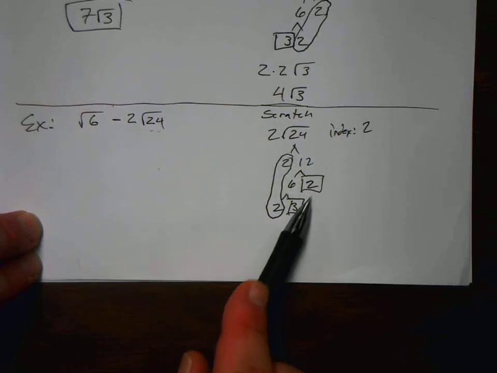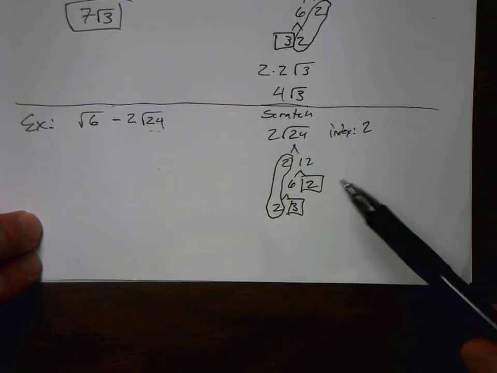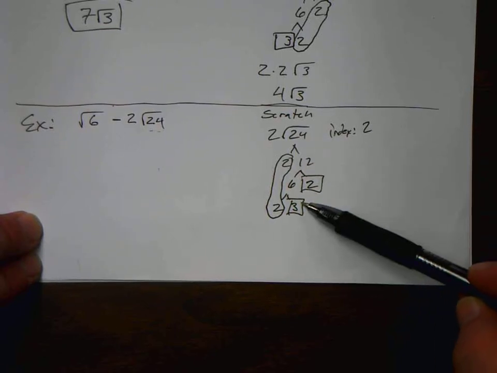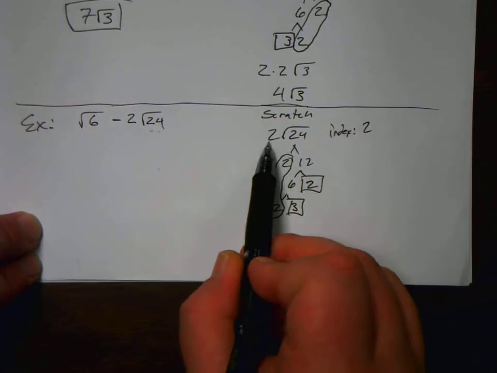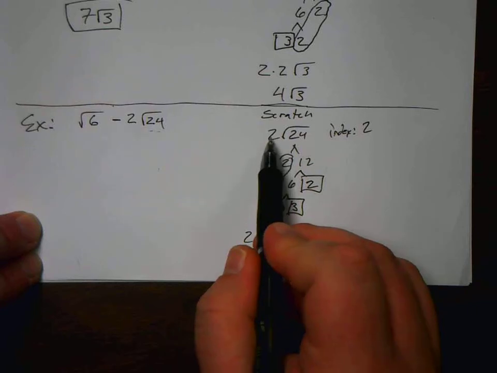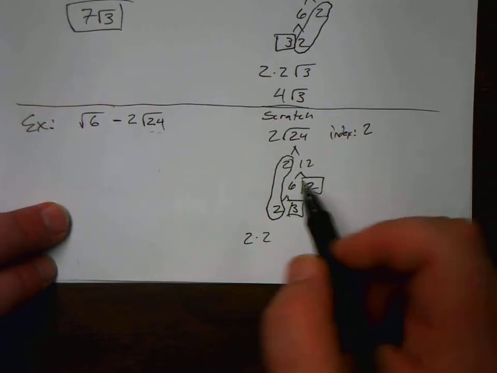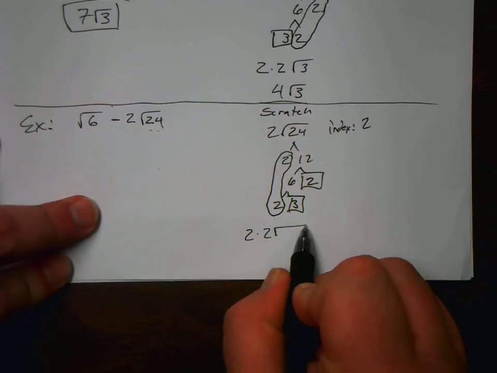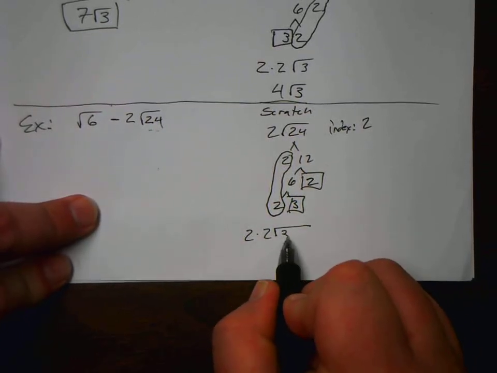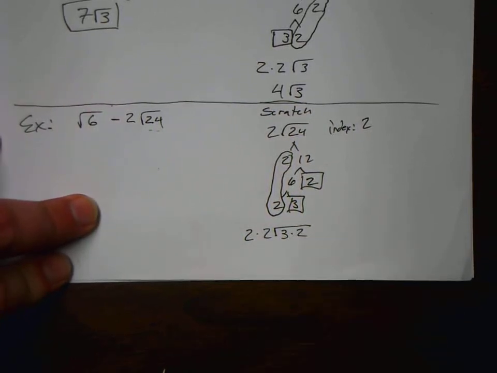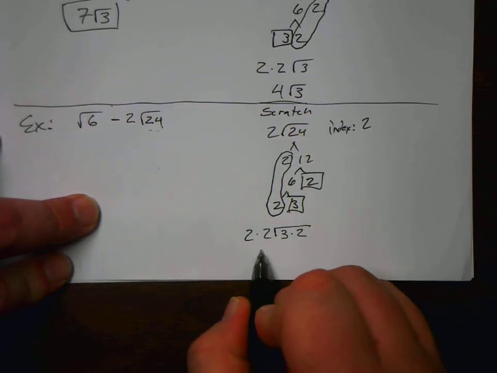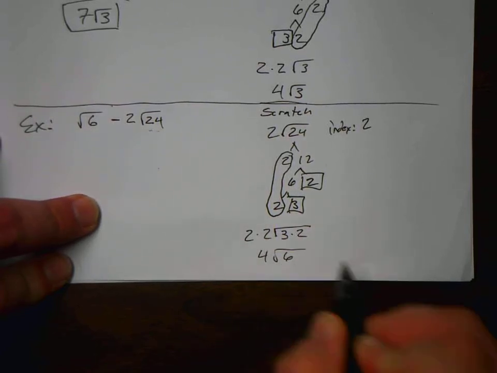I've taken care of the ends of the prime factors. So this 2 comes out front, and this group of 2 comes out front as 1. And then I still have my square root, and now 3 stays underneath and 2 stays underneath. So 2 times 2 is 4. 3 times 2 is the square root of 6.